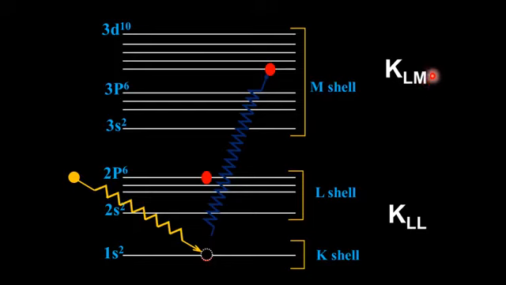So as a result, the spectral line associated with such an Auger electron will be the KLM spectral line.